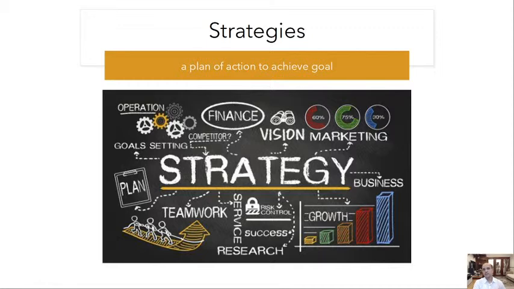So we can say strategy is a plan of action to achieve the goal. Governance will set a goal, and the goal will be achieved by using some strategies, which are set jointly by the top management and also by the management level.